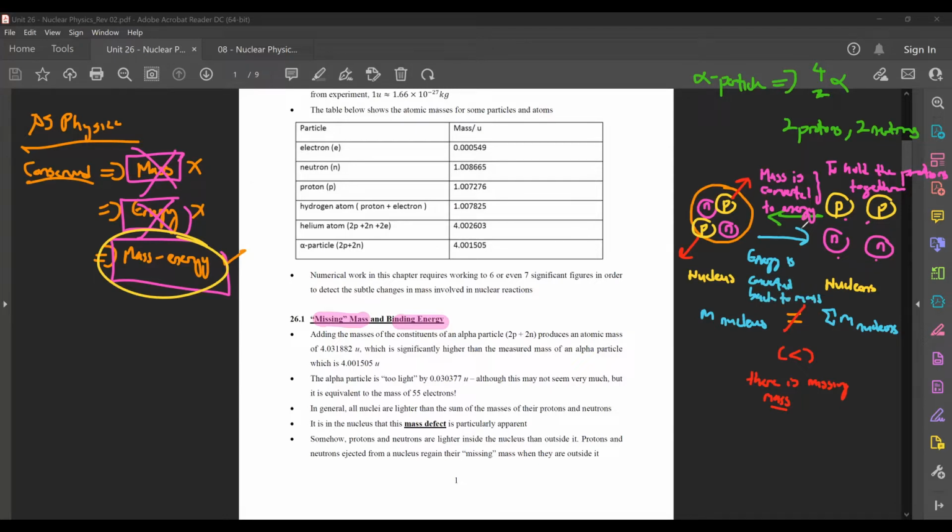So it works both ways. If I take off some of the masses, it will be converted into energy to hold the nucleons together. But then when I go and break them apart, energy is released back and is converted back to mass. So when you break the nucleus apart, you're going to get back the mass of the individual nucleons. Okay, right? So that is the idea here.